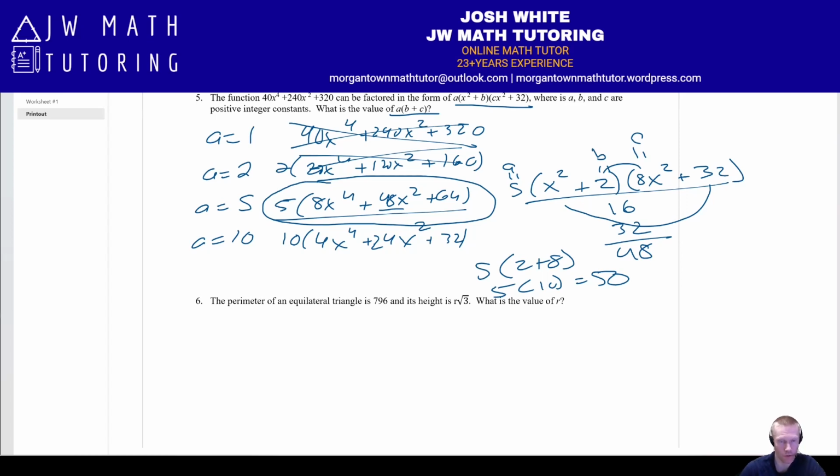So even if you chose one of the other ones by mistake, like this last one, it still technically works out to 50. I don't know why they set it up like that. But in any case, for the other three wrong answer choices that you can't factor any further, you still end up getting the same a times b plus c value. But in any case, the correct answer for this is 50.